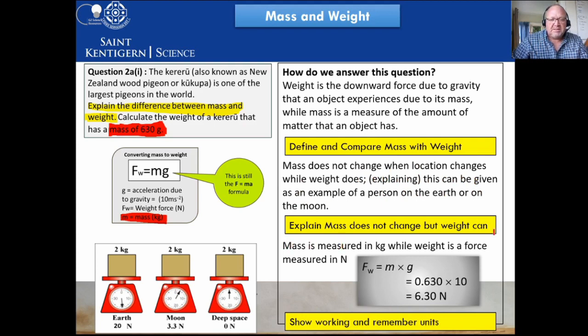And then lastly, show the working. Mass is measured in kilograms, while weight force is a force, and all forces are measured in Newton. There you can see, I change it to 0.63 first, multiplied by 10 gives us 6.3 Newton.